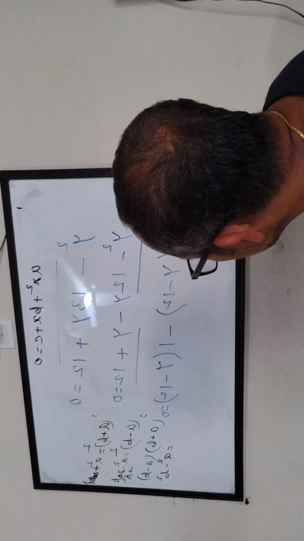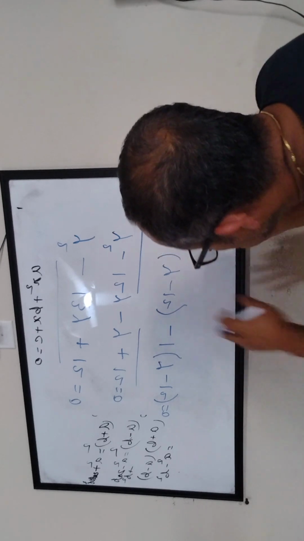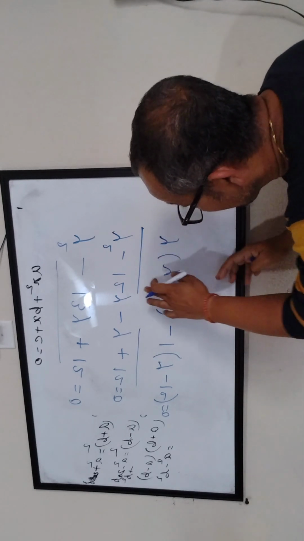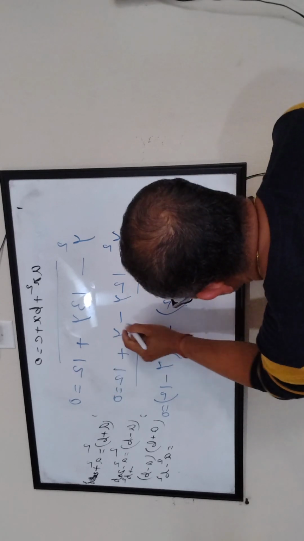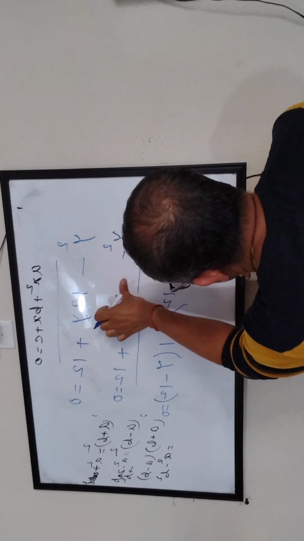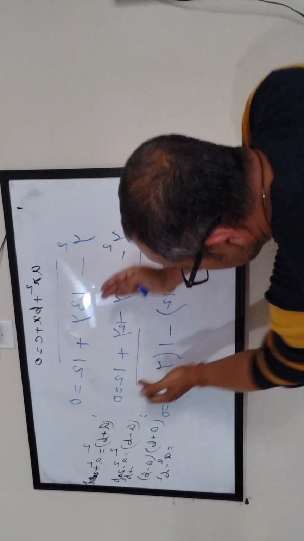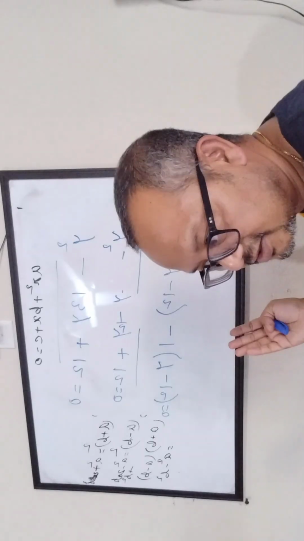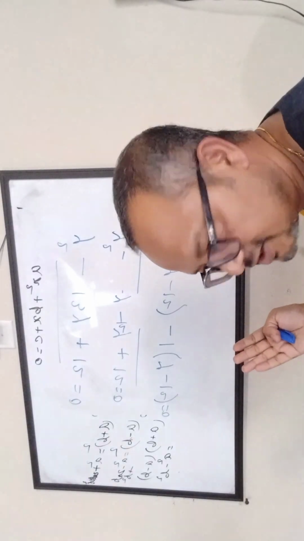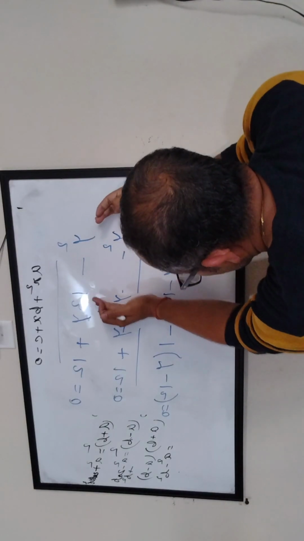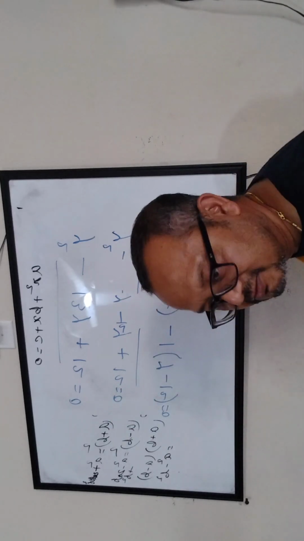You don't have to worry about why I could not have written this as 12y and then y here. That also was fine. I could have taken these two as a combination and these two as a combination. It doesn't hurt. You have to take one y with y squared and the other one with the constant.